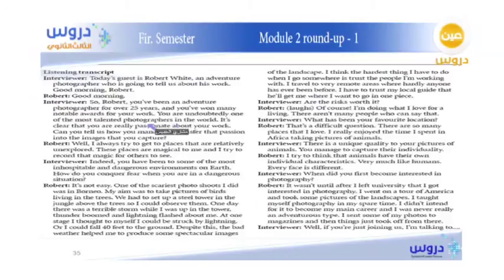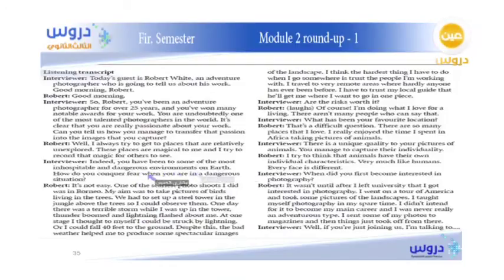Can you tell us how you managed to transfer that passion into the images that you capture? Well, I always try to get to places that are relatively unexplored. These places are magical to me, and I try to record that magic for others to see. Indeed, you have been to some of the most inhospitable and dangerous environments on Earth. How do you conquer fear when you are in a dangerous situation?